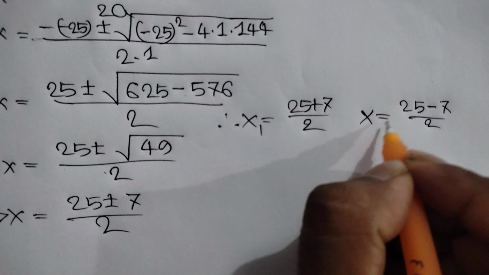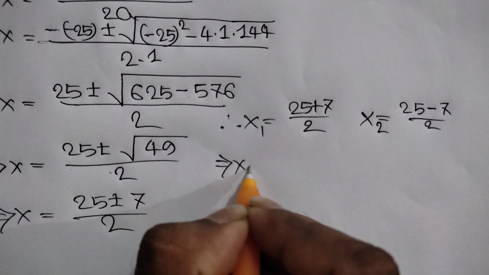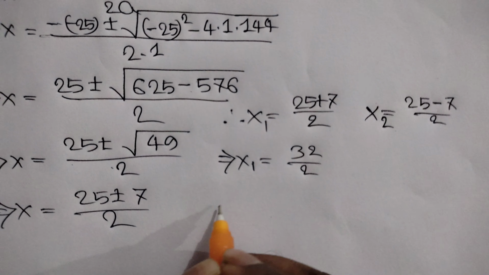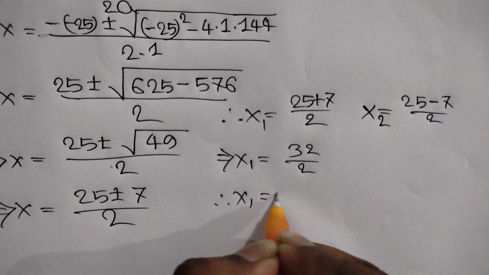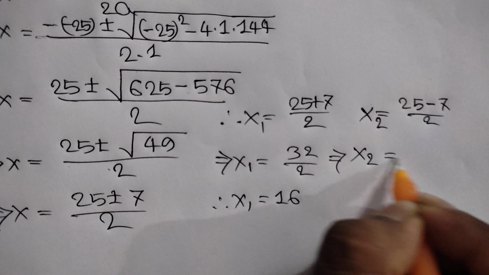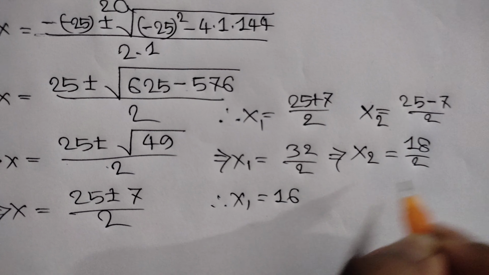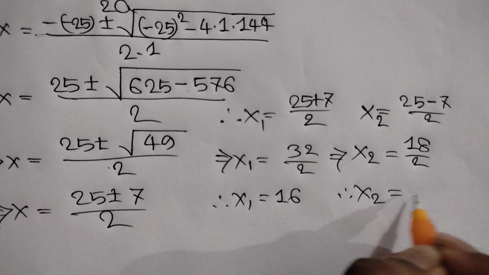This is x1 and this is x2. x1 is equal to 25 plus 7, which is 32, over 2. So the value of x1 is equal to 16, and x2 is equal to 25 minus 7, which is 18, over 2. So the value of x2 is equal to 9.